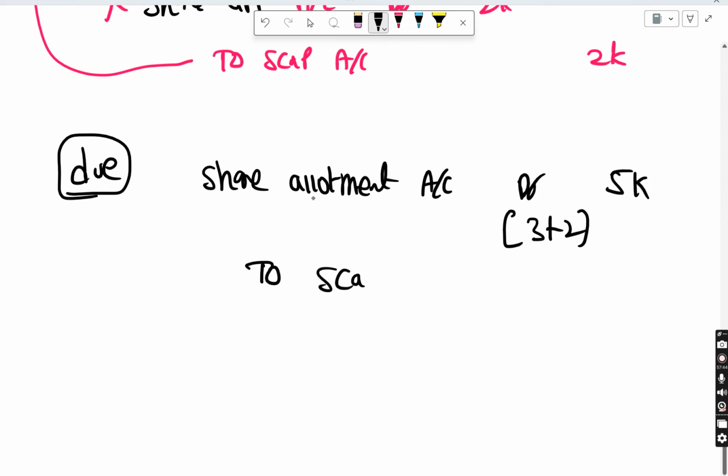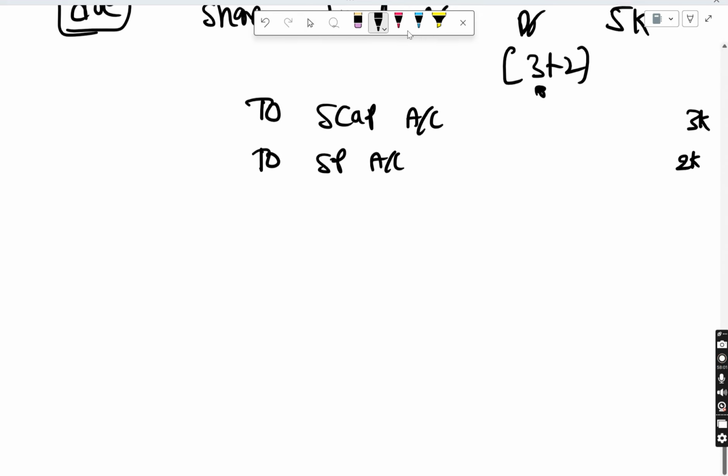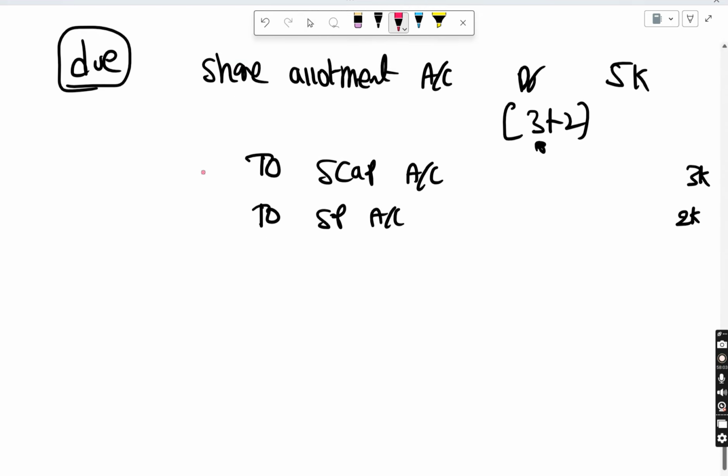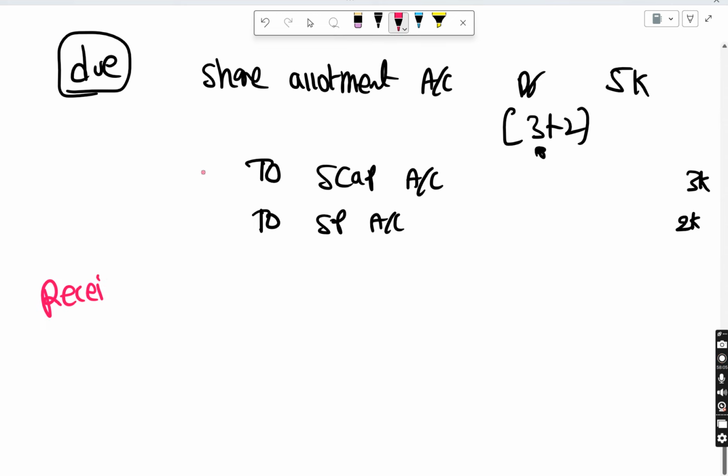To share capital account. Again, this is very important. Only face value will go to the share capital account always, which is 3 rupees. So 3000. To securities premium account 2000. Okay, this is the due entry. Everybody paid money in this, so we don't need to worry about it.